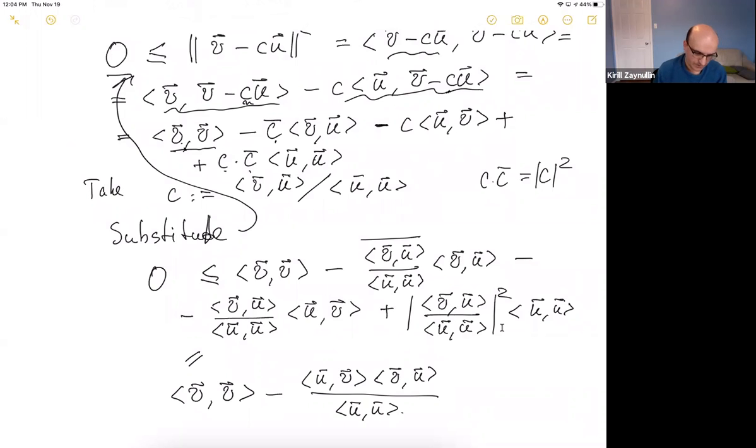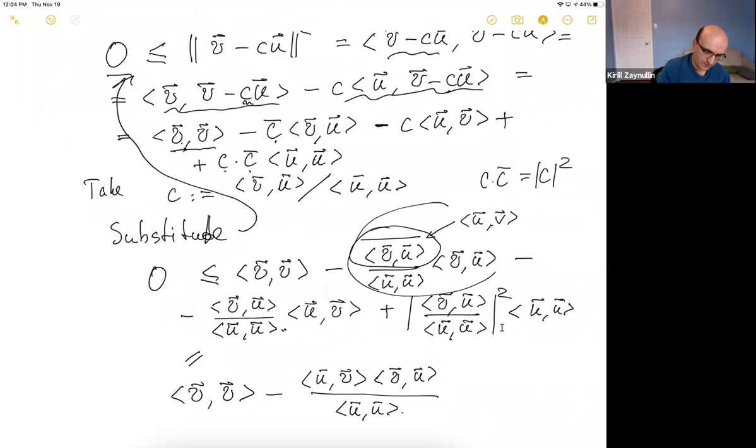And then here what I will get, okay, so let me do it. This will be replaced by u comma v, right, this one. And then see that this term is the same as this term.